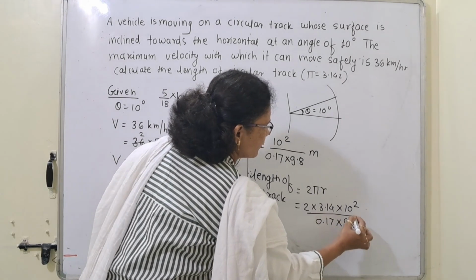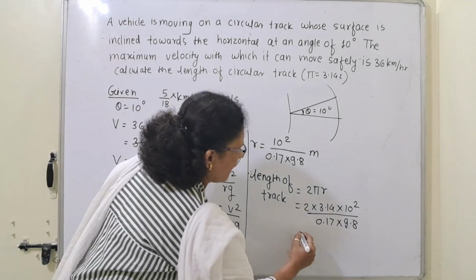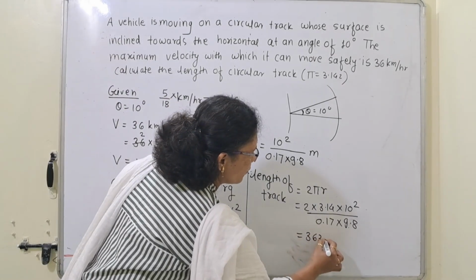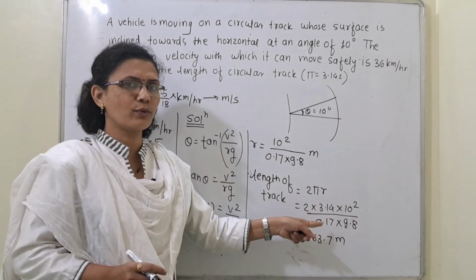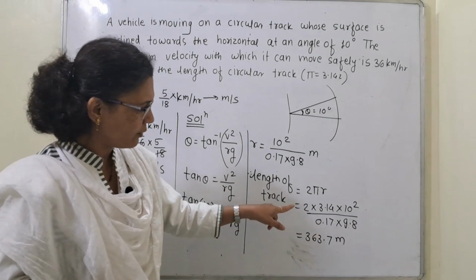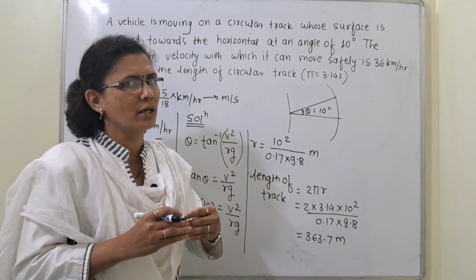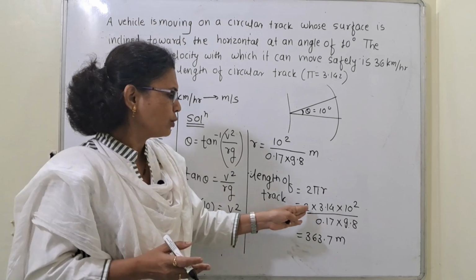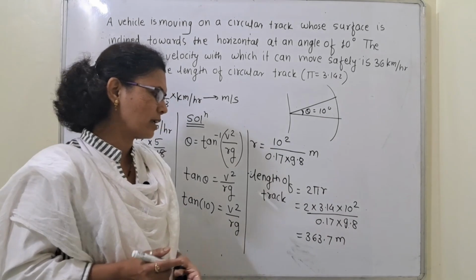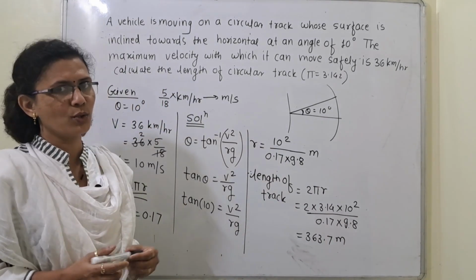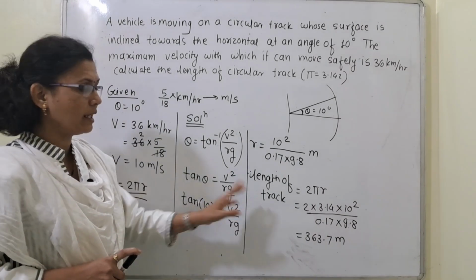If you solve this, you will get the answer 363.7 meter. You can do this calculation with the log table. Simply you can divide 9.8 by 2, means you can reduce the values also, or otherwise use the log table directly. You will get the answer 363.7 meter. This is the length of the track.